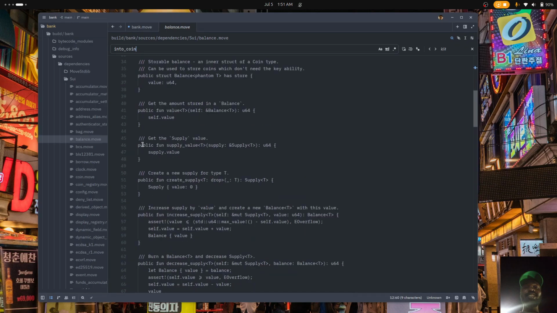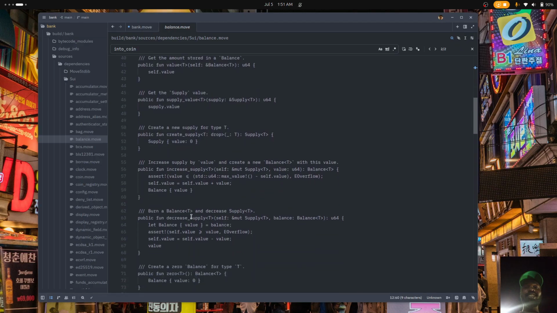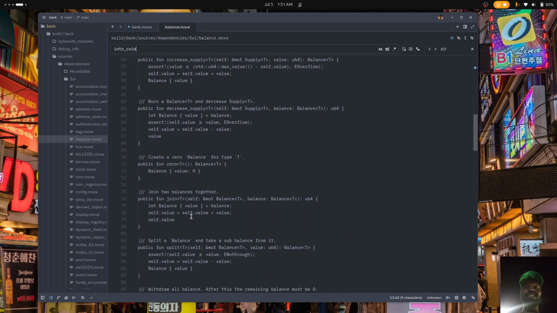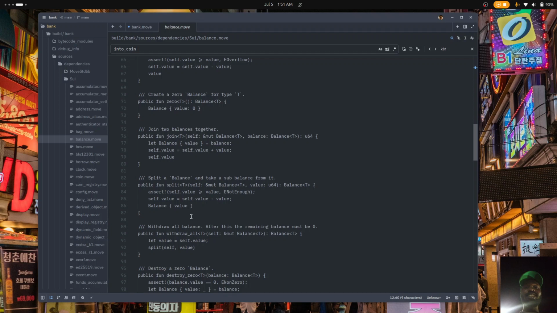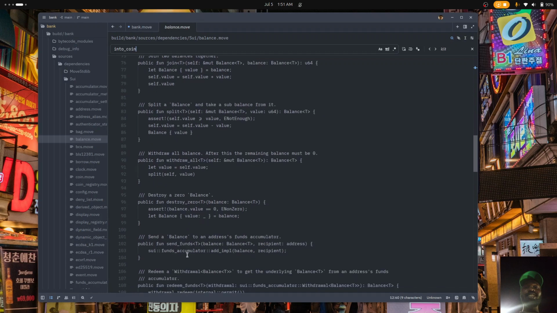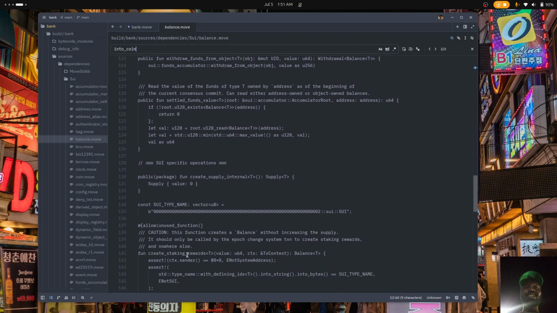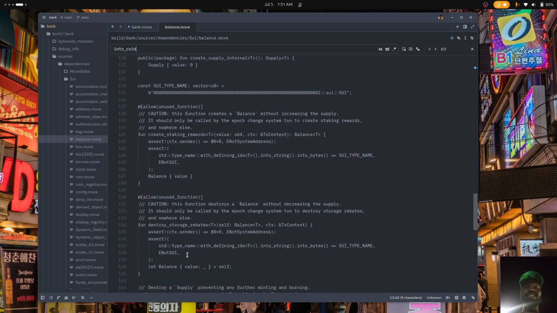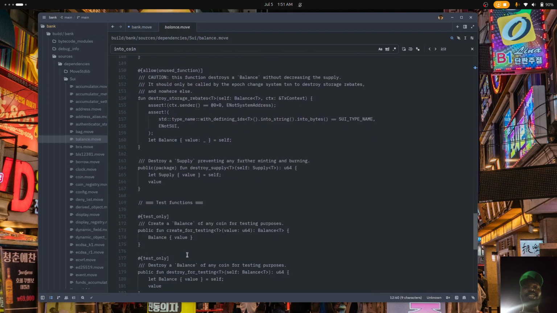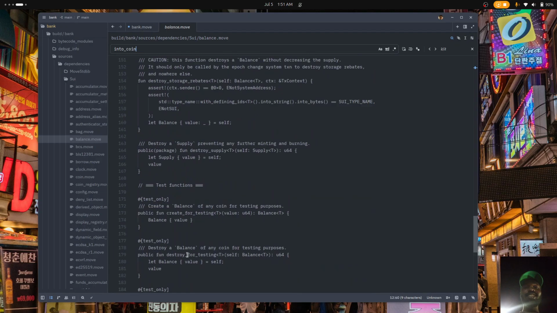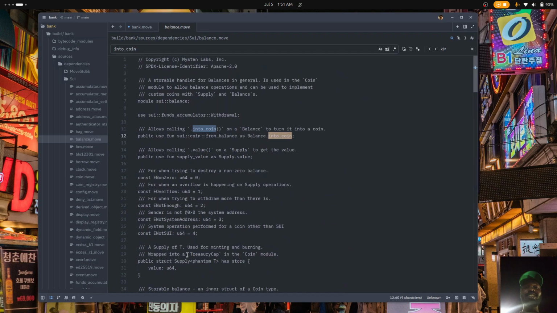Looking for a function. So I think that function is here.